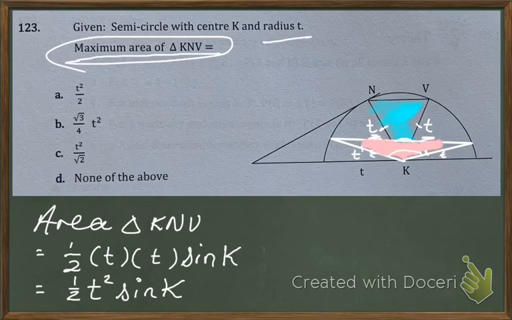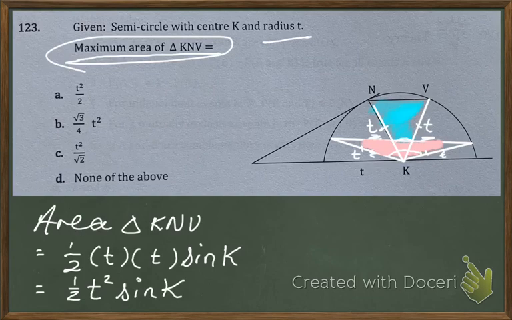Alright, so if you consider the two triangles that I've sketched now, the one is blue and the other one is pink. And these two triangles are such that the variable is angle k.